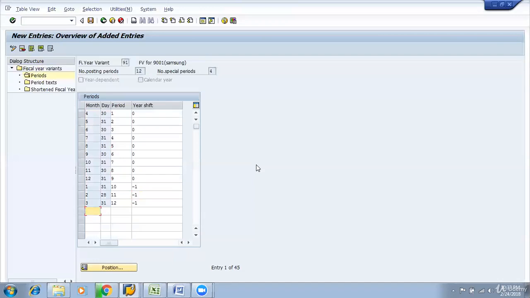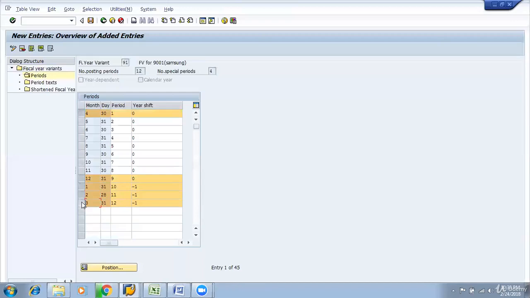Guys, as I've already told you, I'm using the financial year April till March. Let's take an example, April 2017. From April till December is 2017. But how about January, February, March?